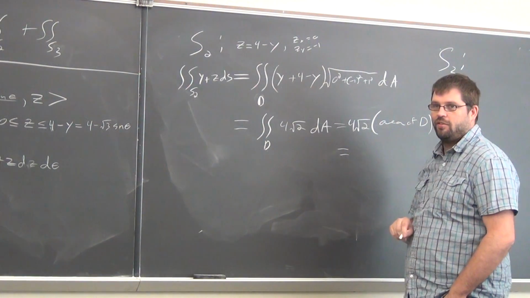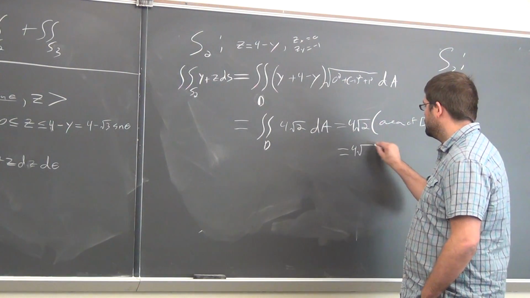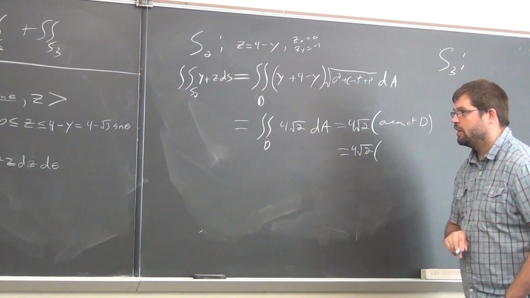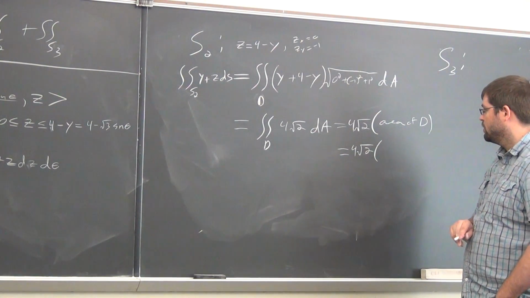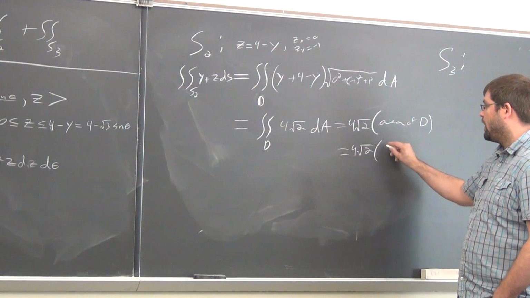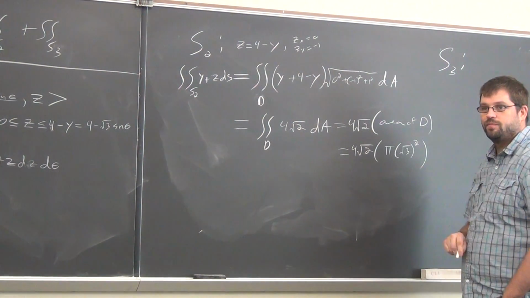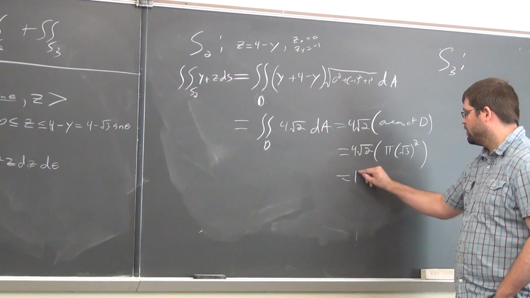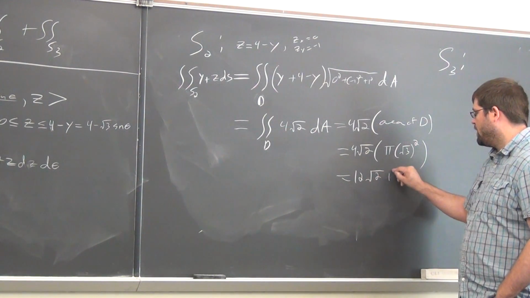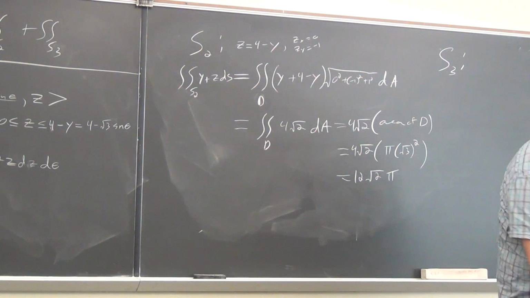And so what's the area of that D? Well, it's a circle of radius square root of 3, so it's pi times 3, right? Square root of 3 squared. And so we should just end up with 12 root 2 pi, I guess. Yep.